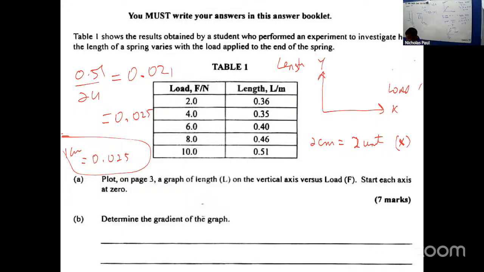It is 0.4 to 0.45, so 0.4, every 2 small blocks. Go ahead, find a gradient and then move on. Your 4 points should line up perfectly for the SI unit as well. Yes, you'll need it just now. Plot your graph, find a gradient, and then we're going to move on from there.